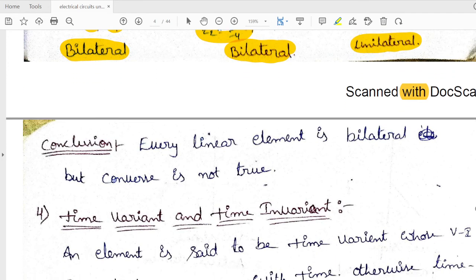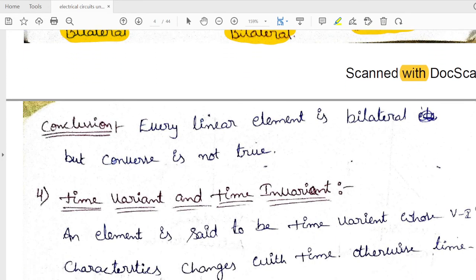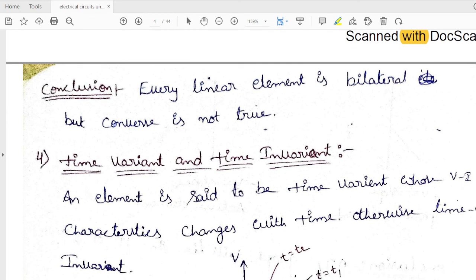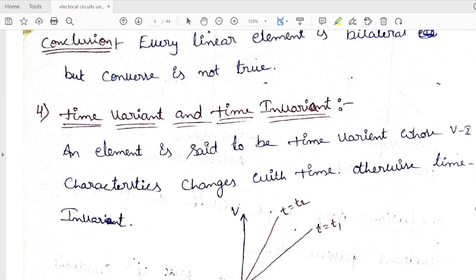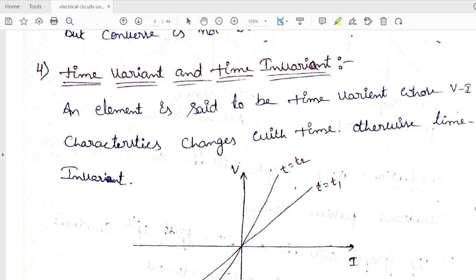So let us try to have some conclusion. Every linear element is bilateral, but the converse is not true. Means if the element is linear, then we can say it is a bilateral element. But if the element is bilateral, it need not be linear. Okay, so let us go with the last classification: time variant and time invariant.